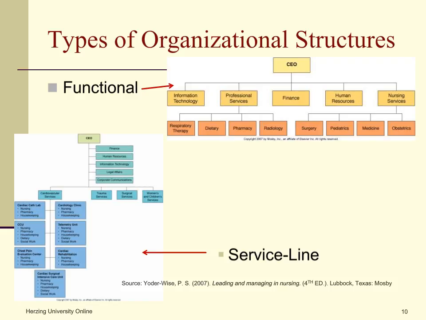On the other hand, the service line structures, or product lines, focus on the various functions to produce a specific service or product. In the lower left hand, you can see a figure that represents a service line.